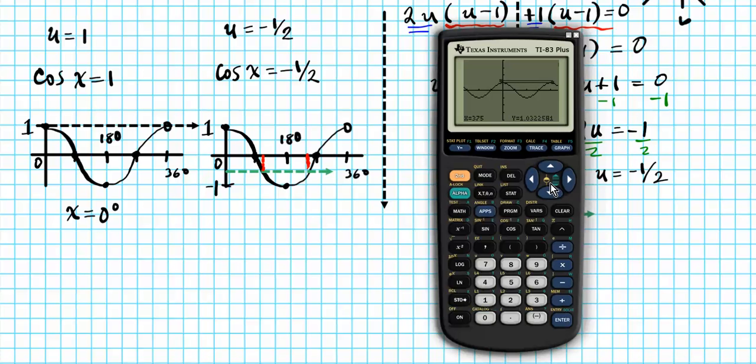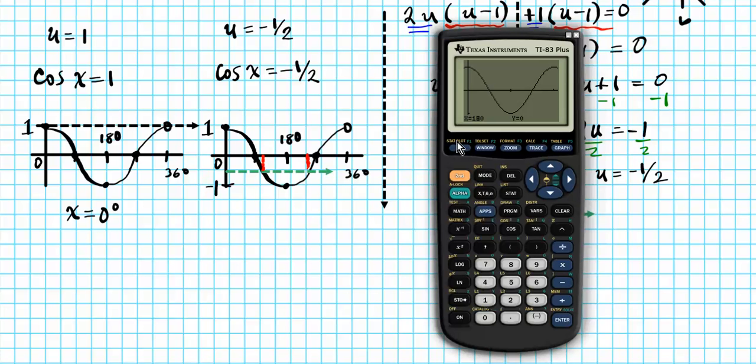So let's focus in on this area so that you guys can really understand what I'm trying to do here. Enter. Okay, so we have the graph of one period of the cosine function. The question is, at what x values does it intersect with negative 1/2?